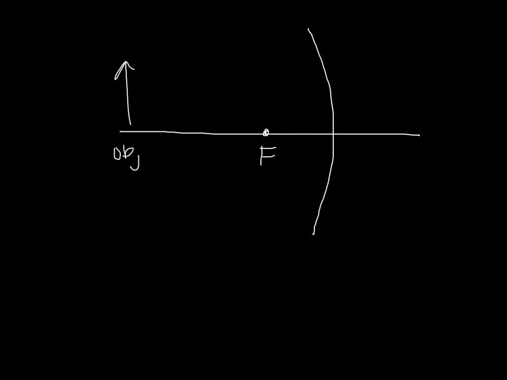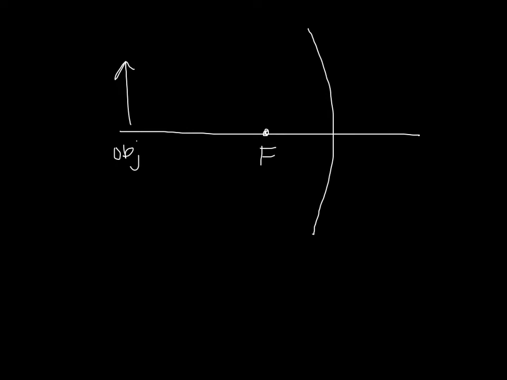So here is the face of our mirror. The center line, we have a focal point F, and our object over here. Where would our image occur?